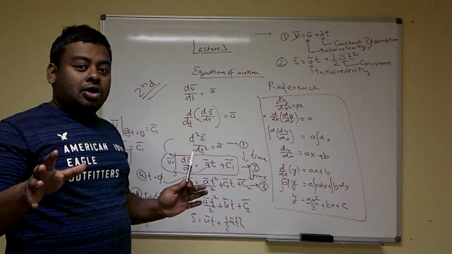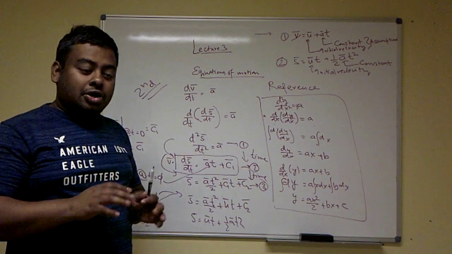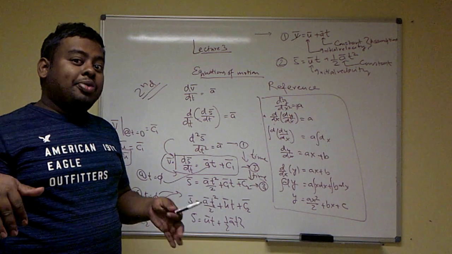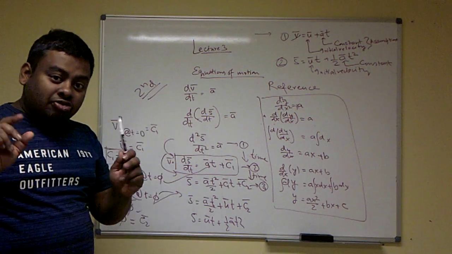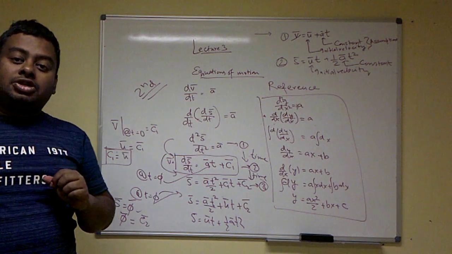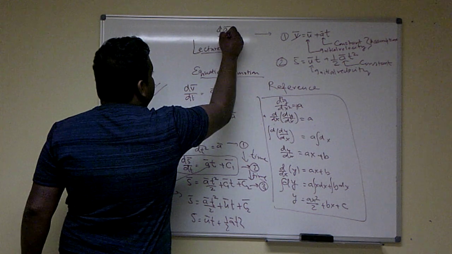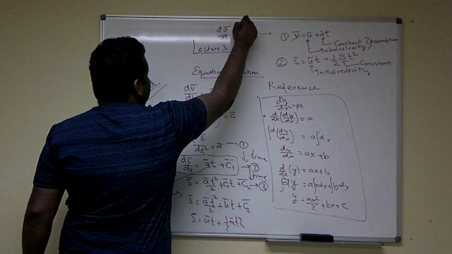Even if you start doing some numerical techniques further in your careers, it will not be required to go beyond acceleration. But the physical term for changing acceleration as a function of time is called jerk, and that is given by dA vector with respect to dt.